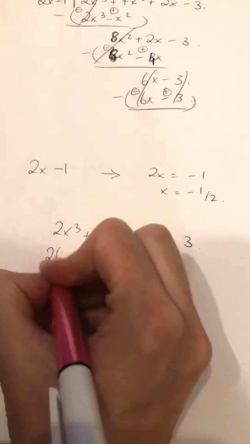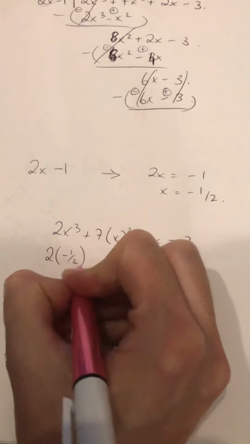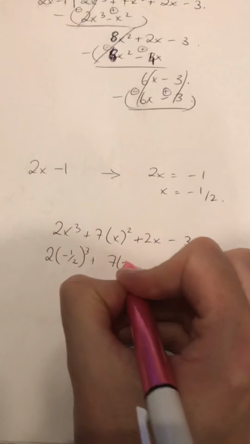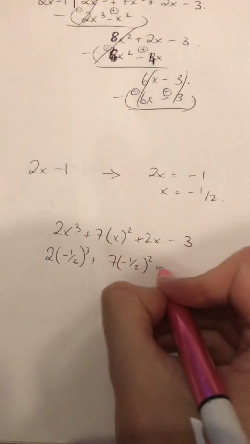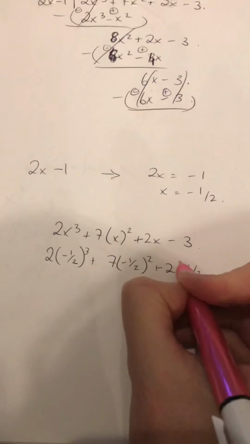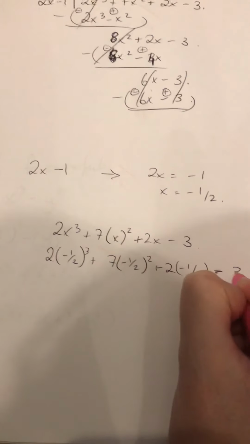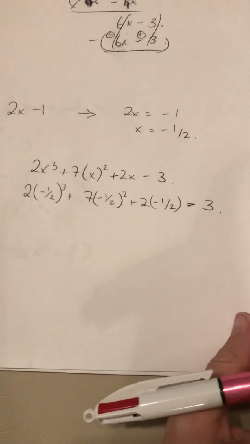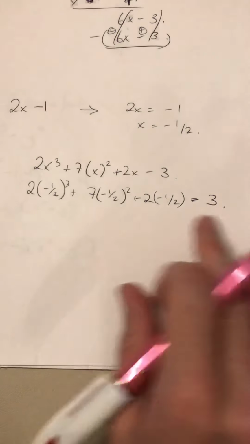So let's sub in 2 times minus a half cubed plus 7 times minus a half squared plus 2 times minus a half minus 3. And if this is right, if it is a root, then I should end up with 0.